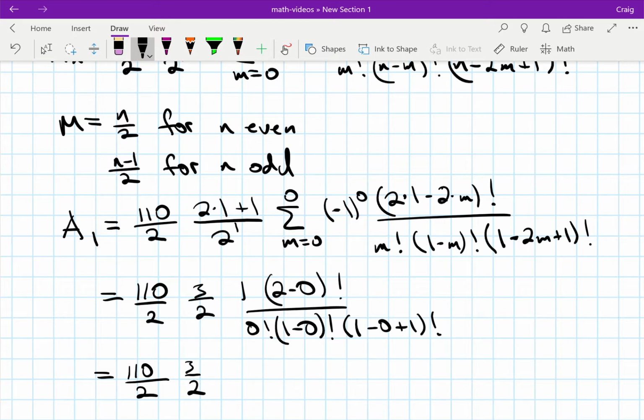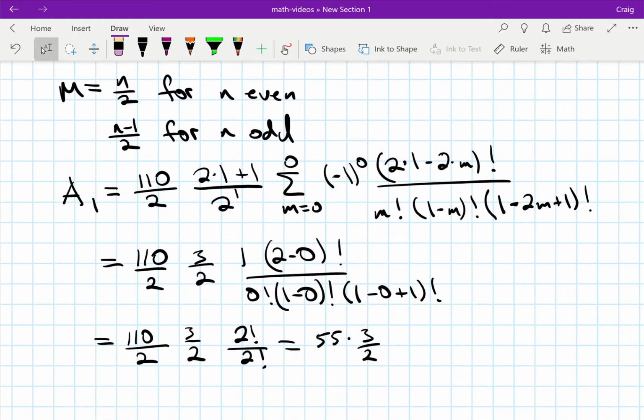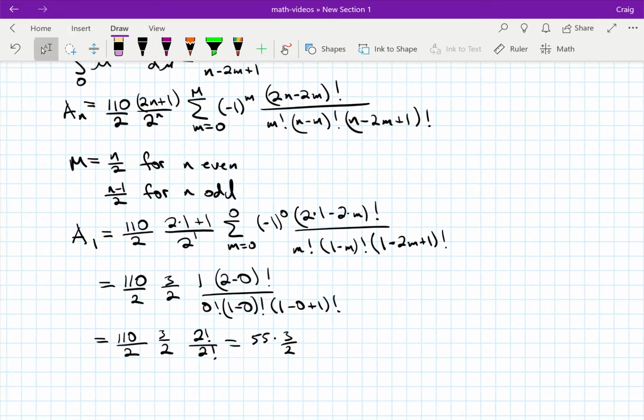Then I have a 2 factorial over a 2 factorial. And that will give me 55 times 3 over 2. And that really can't be reduced anymore. So that's my first coefficient in my series expansion.